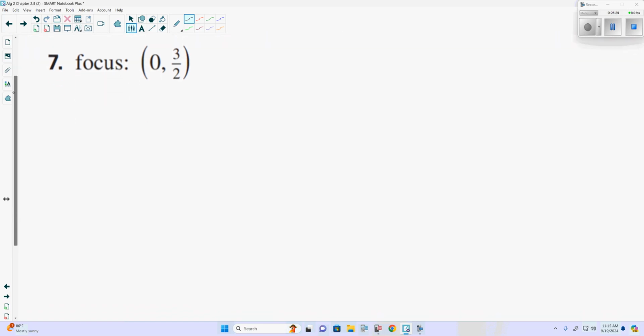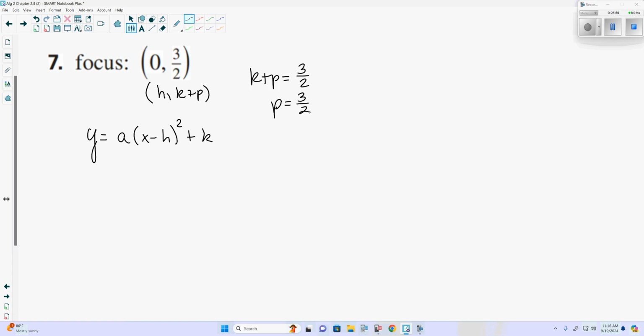We got one left. So this would match up with our what? Y equals h comma k plus p. So k plus p is 3/2. So really p is what? 3/2.